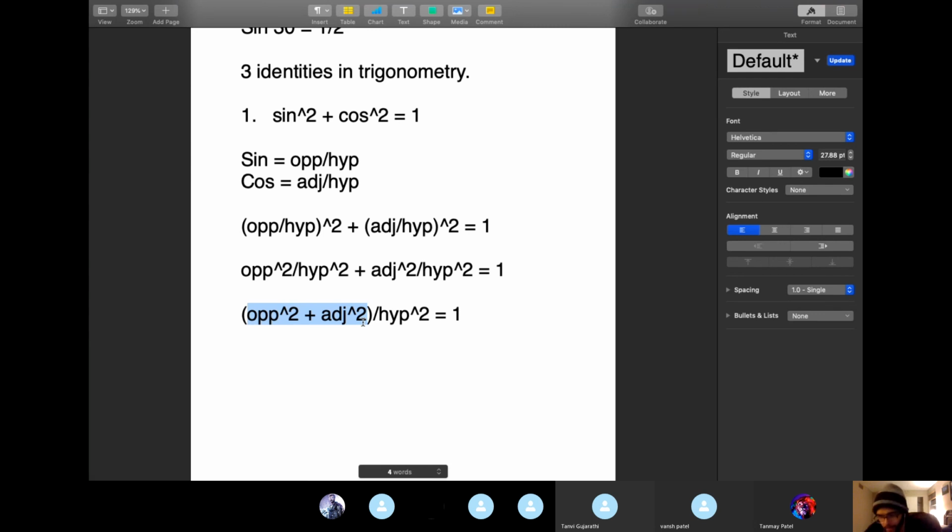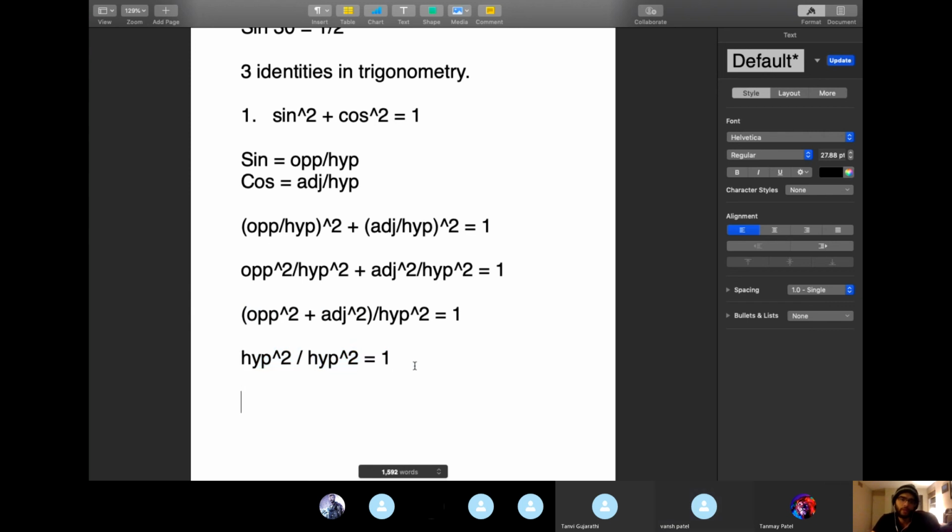What do you get? Hypotenuse squared. Very good. So this becomes hypotenuse squared divided by hypotenuse squared, which is 1 because this is the same number divided by itself.